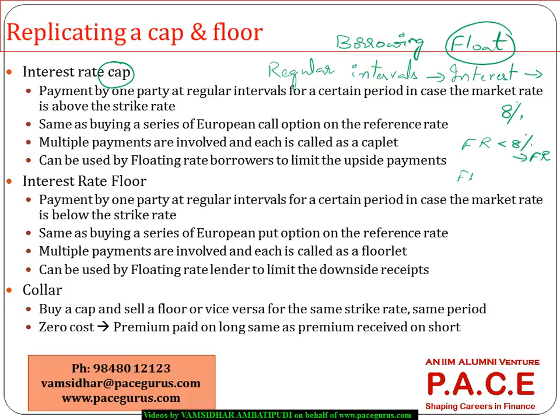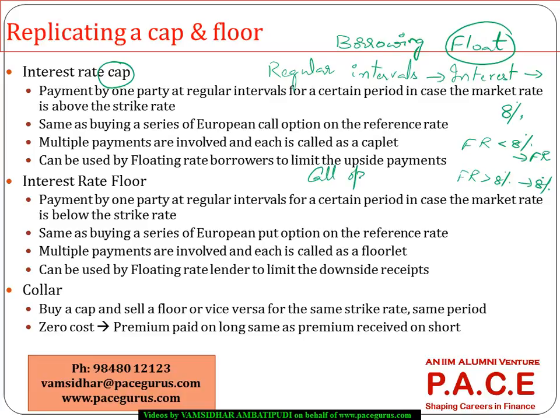But if the floating rate crosses 8%, I'll only pay 8%. That is, in the crudest sense, how I can talk about an interest rate cap, which means it looks more like a call option itself.